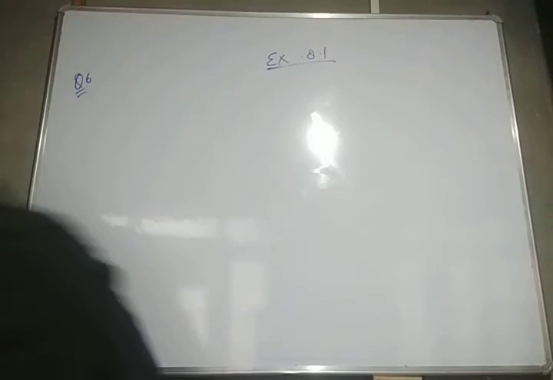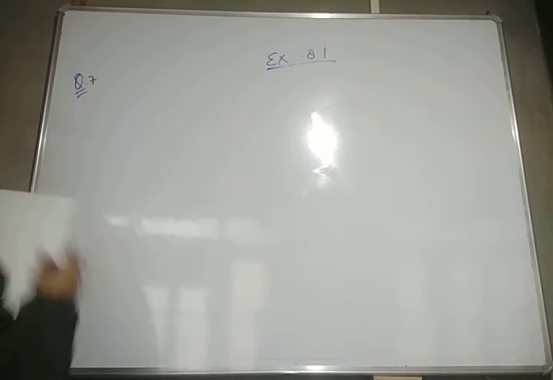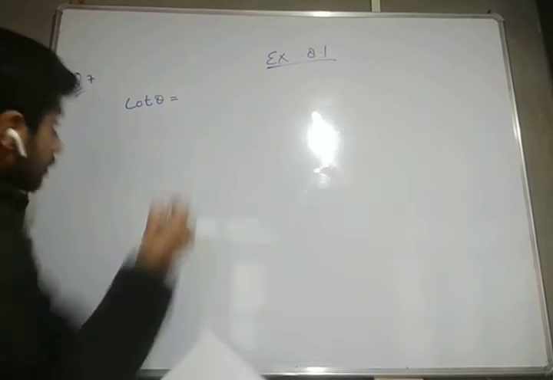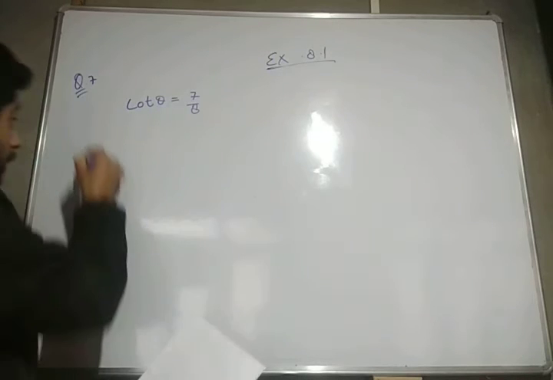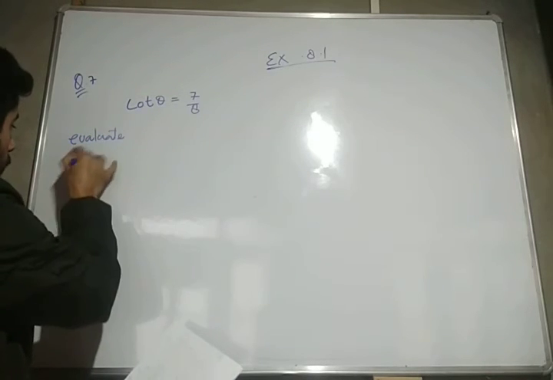Let's move to the next question, question number 7, and it's like this: cot of theta is equal to 7/8, and evaluate. What do you have to evaluate?